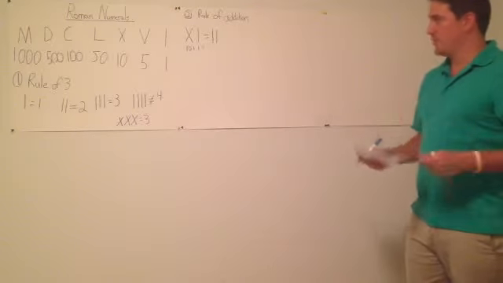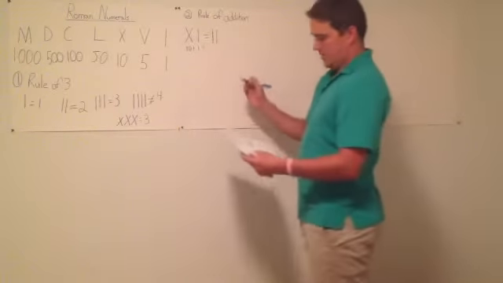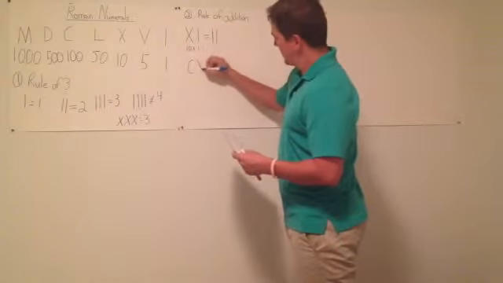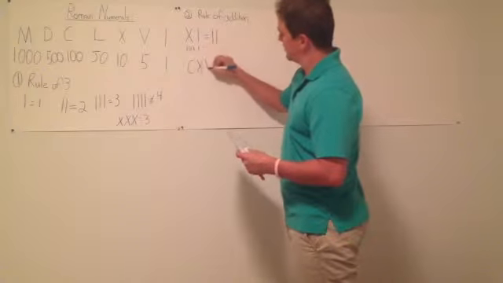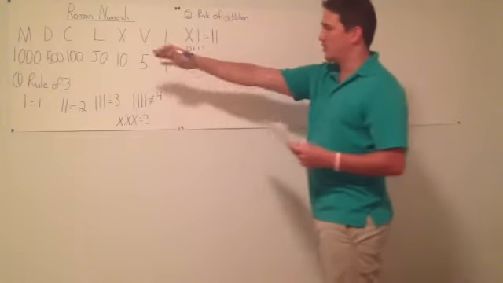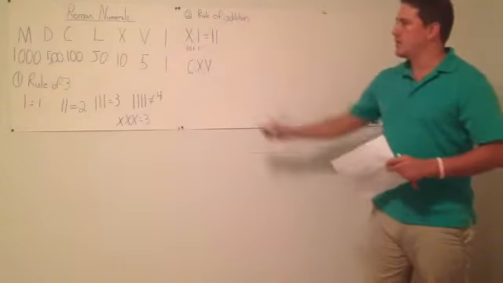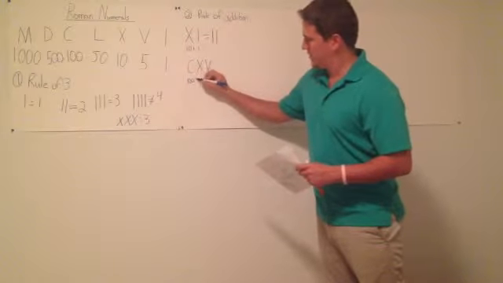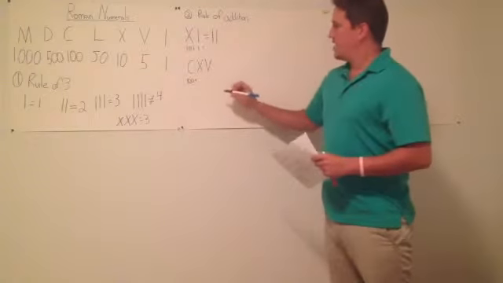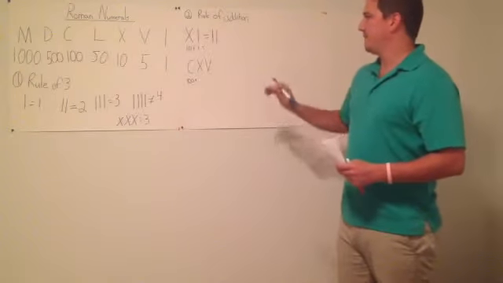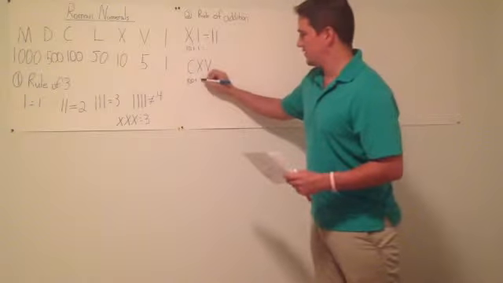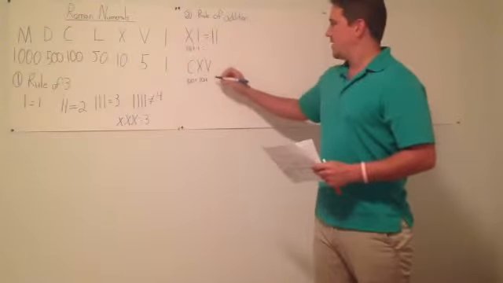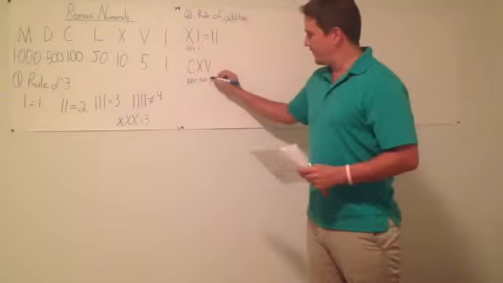And another example is when we have a C, an X, and a V. Going by the number values, the C equals 100, the X equals 10, and the V equals 5.